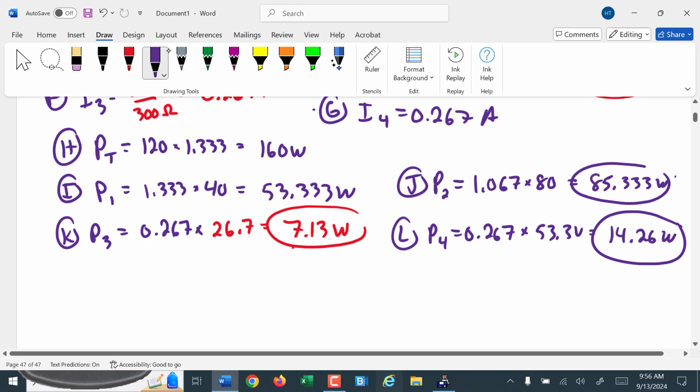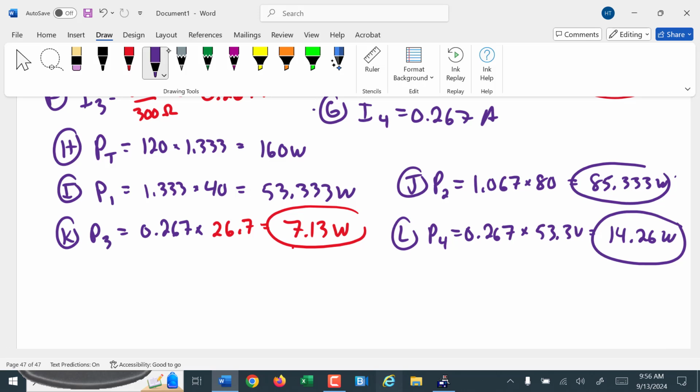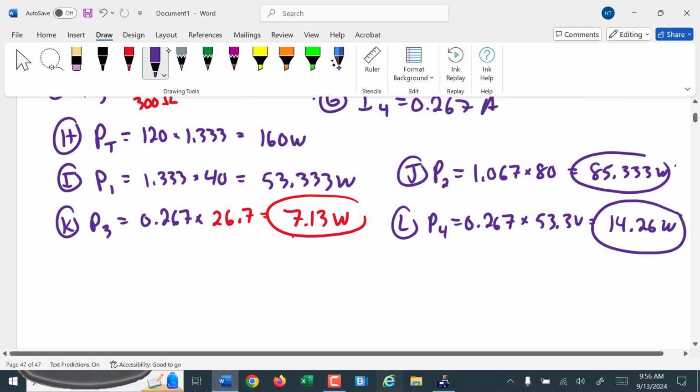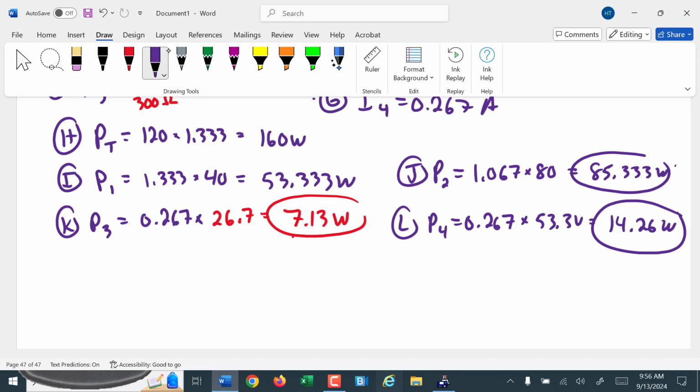Now, all this is rounded because these came out to be 0.333, 0.667. So if you were to add up those wattages, you might be off by a couple of thousandths, just getting your total right, but it's going to be really close. It's all just a round off. Let's see. Where am I at?